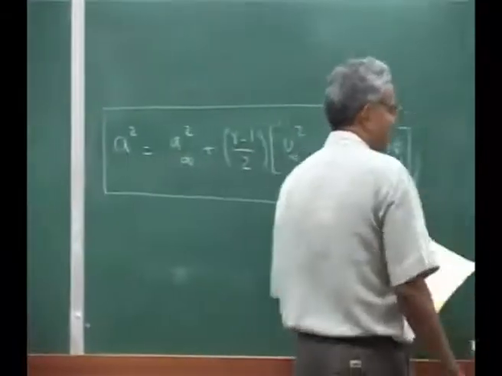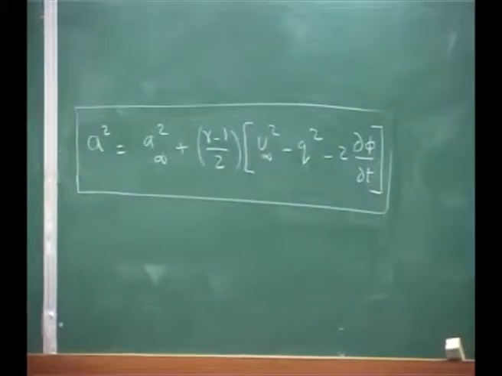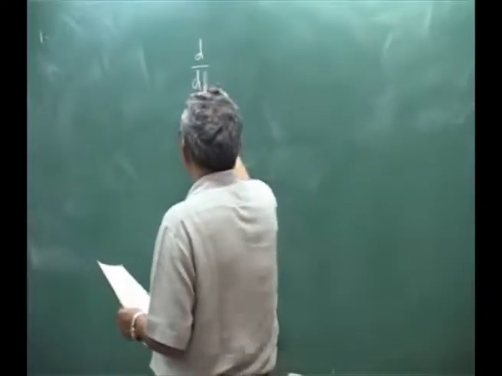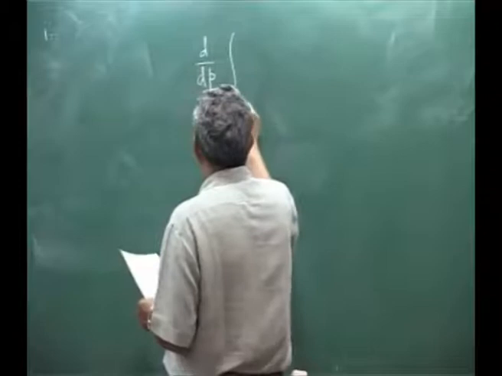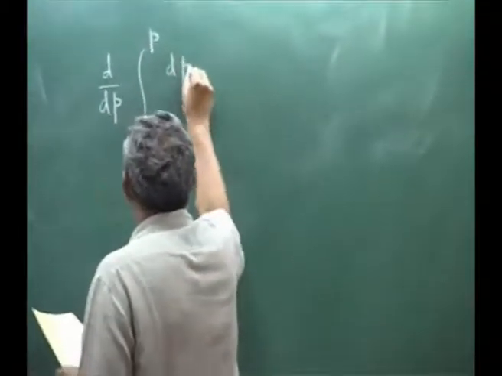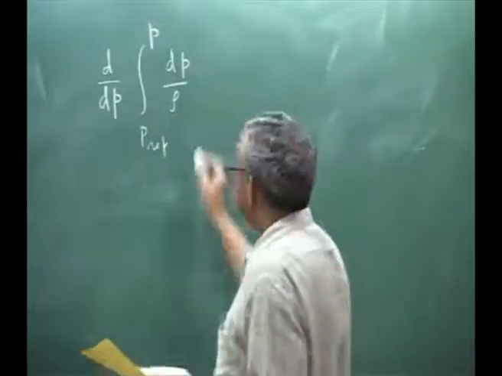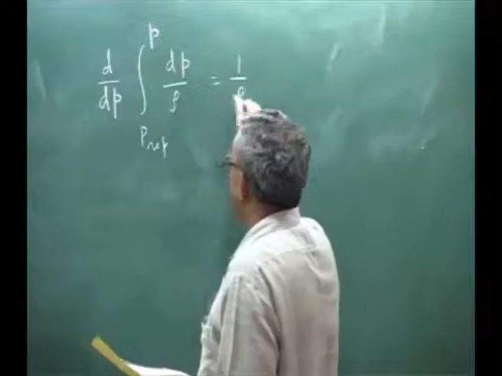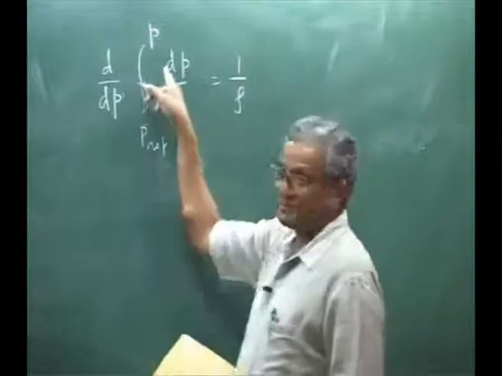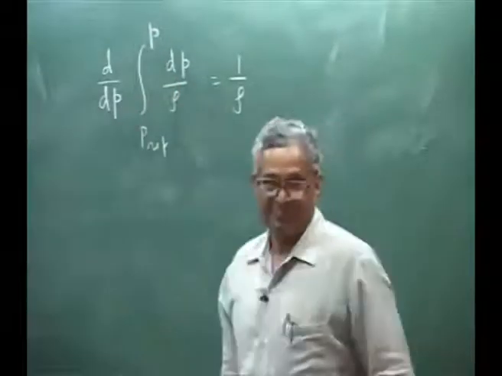Note that I will write this here, and then we can erase it, because d over dp of the integral from p reference to p is nothing but 1 over rho, because you are differentiating with respect to the integral. So you get the same thing.